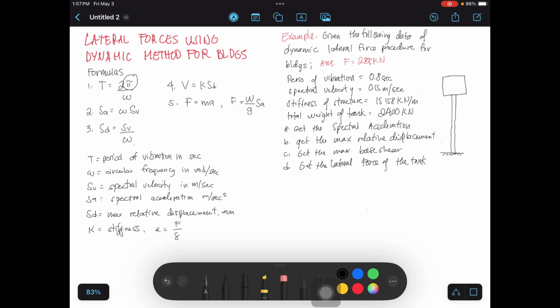Number 4 is the base shear. It is equal to the K or stiffness ng structure mo times yung SD or yung maximum relative displacement. And then last, yung F = ma nga from dynamics ito, and then also equivalent to F is equal to weight over gravity times yung spectral acceleration.